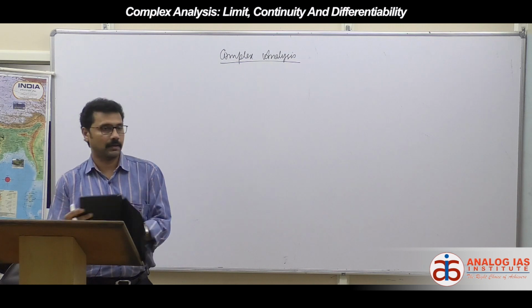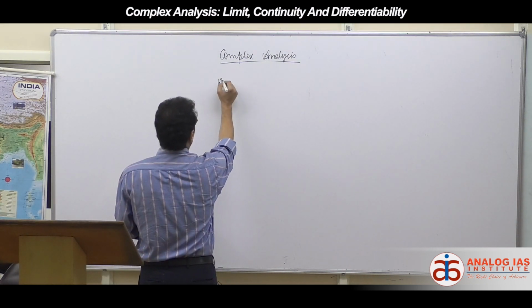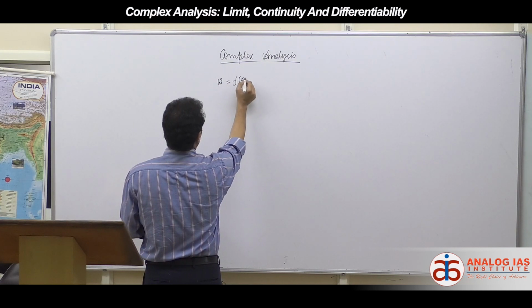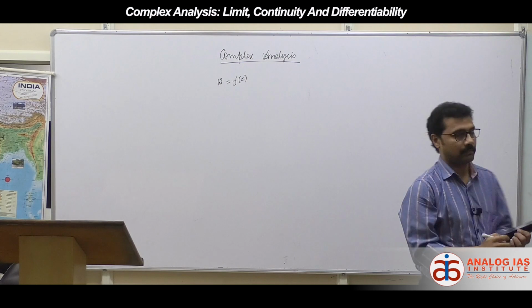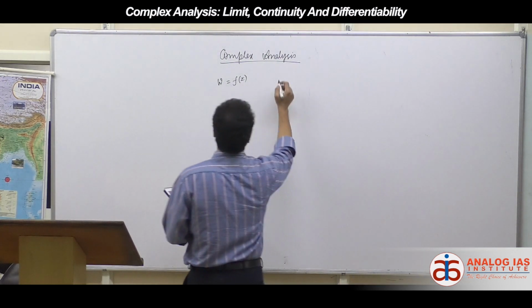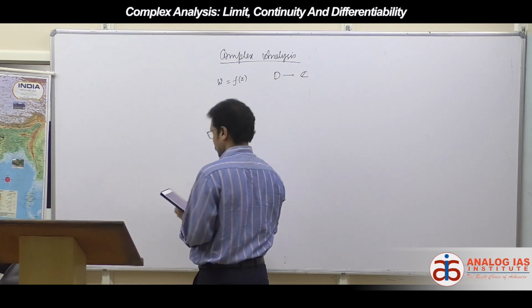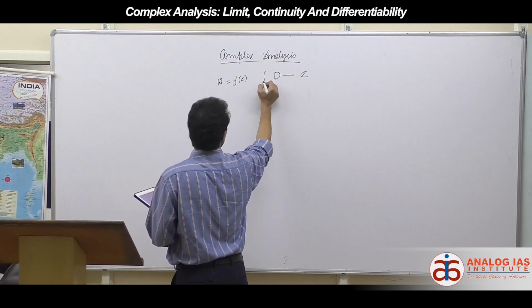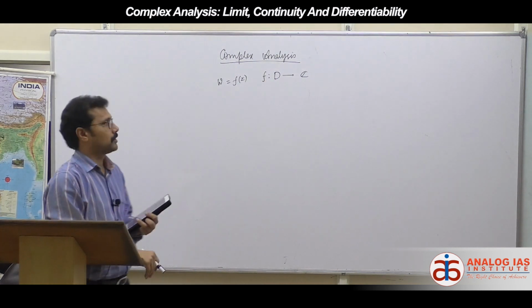Let W equal to f of z be a function from D to C. It means it's some kind of a function from the domain D to the complex plane.